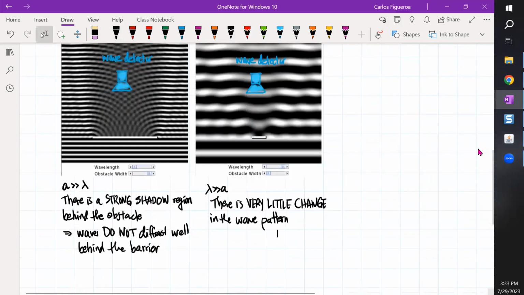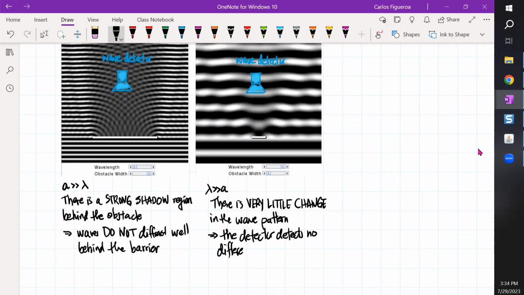Immediately that tells us that the detector detects no difference and is invisible.